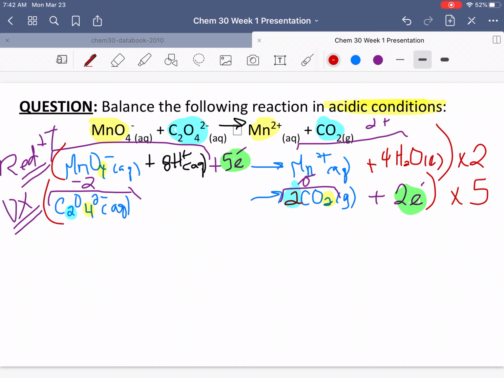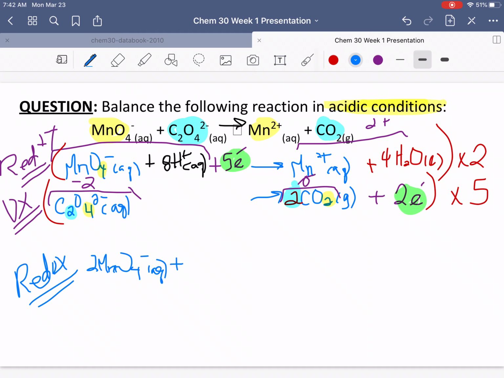Notice with these, there's not as much of a complication with H plus and water, which means I can skip right to my redox equation without doing any extra work. Don't forget to multiply though. We have 2 MnO4 negative aqueous.